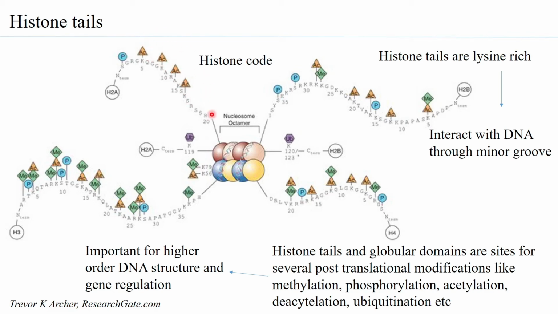In such a scenario, this tail's affinity to bind to the DNA will become lesser. But if these were all deacetylated, then this tail's affinity to bind to the DNA will be more because there are more positive charges. So you can understand that if you want the DNA to compact or to wind around the nucleosome, it would be better if the lysines are positively charged and not acetylated.